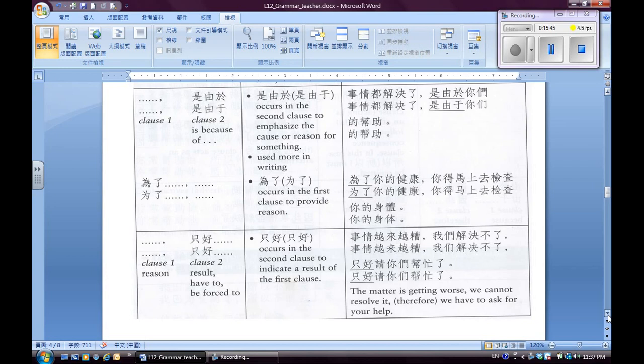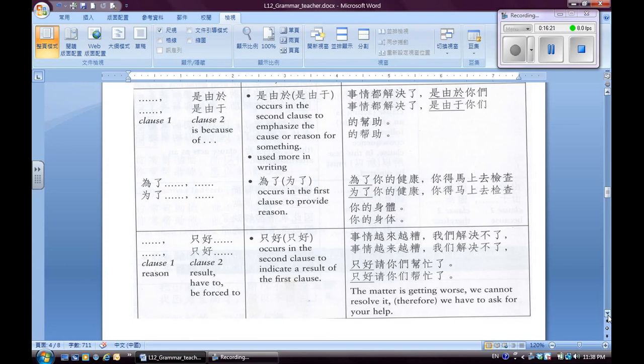Last one here for cause and effect conjunctions. 只好 is from vocabulary. 只好 means resolved, have to, or be forced to. When you use 只好 in your sentence, that implies that you have no choice. You're put into a situation where you have to do something, okay? 只好 occurs in the second clause to indicate a result of the first clause.